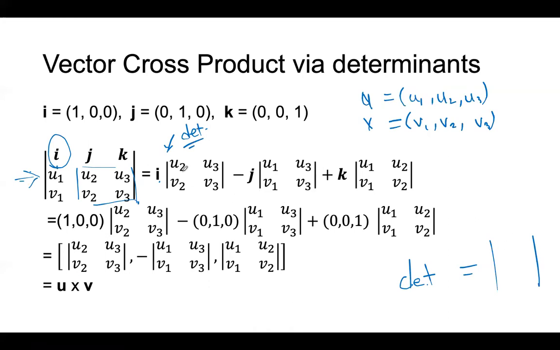Then you cross it, and it will basically be the cross product. Here we take out the -j out front, and the determinant of that submatrix, and so on. And if you compute this, this is actually the cross product like we did before.